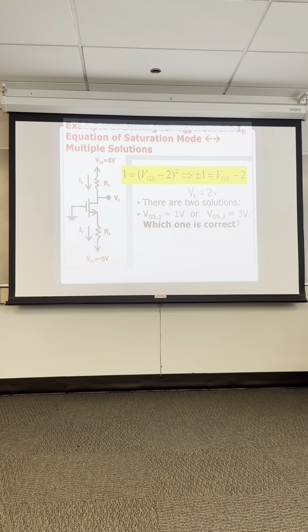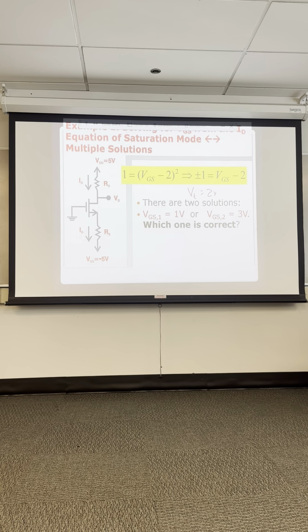Threshold turn on is 2 volts. And one of our equations indicates that in order for the MOSFET to be in saturation or to be turned on, the gate to source voltage must be greater than the threshold voltage.